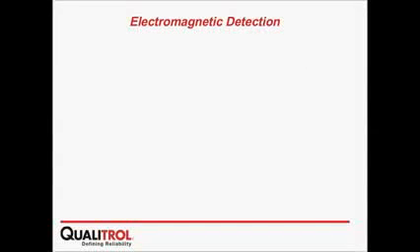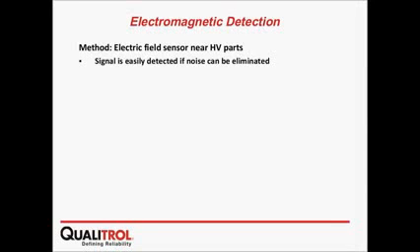And electromagnetic detection, which applies to UHF: electrical field sensors near HV ports, so the signal is easily detected if noise can be eliminated. With UHF, you have a noise background. You can have noise from a radar detector, microwave, and other kinds of noise, but those have established frequencies, so you can eliminate them.